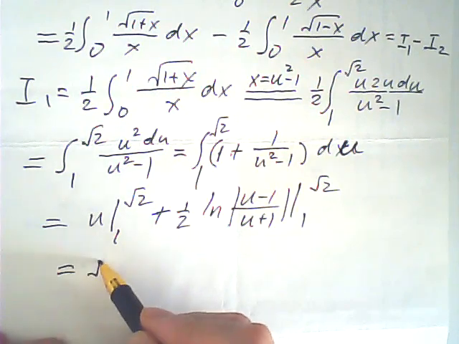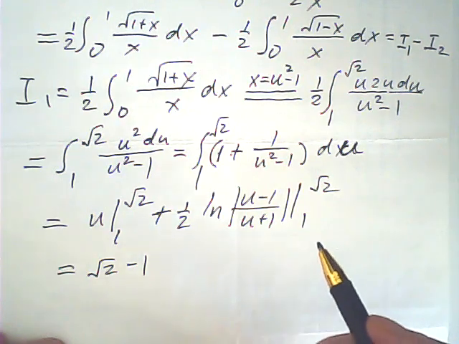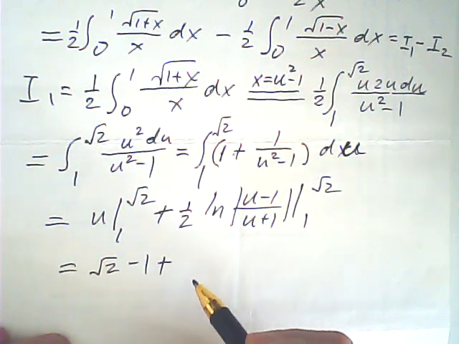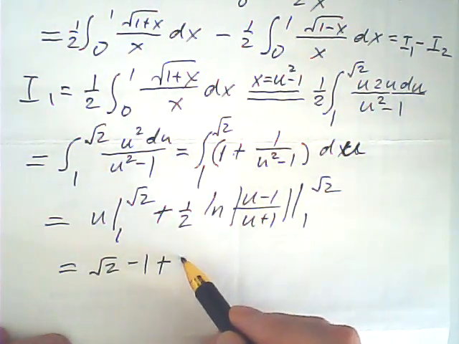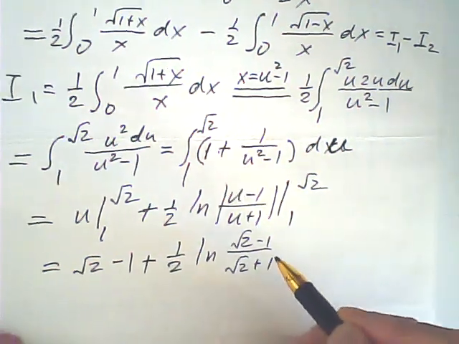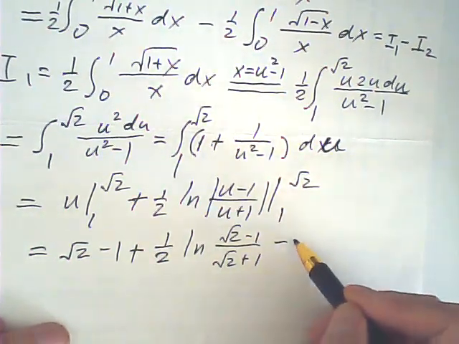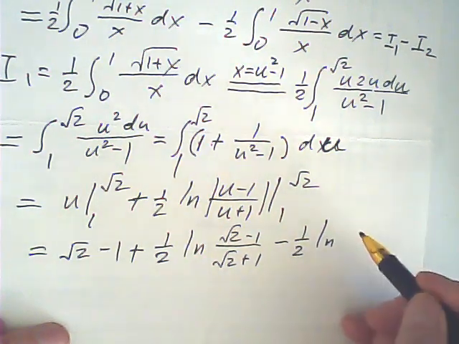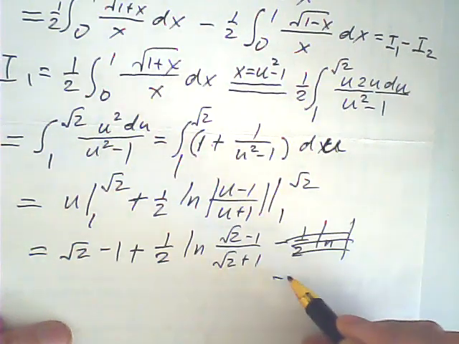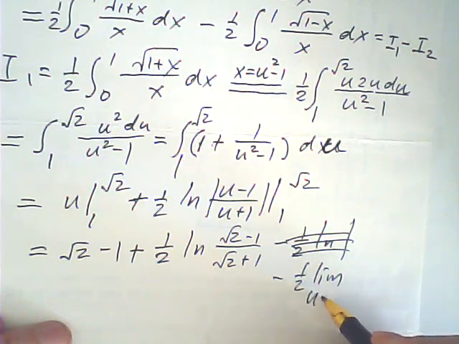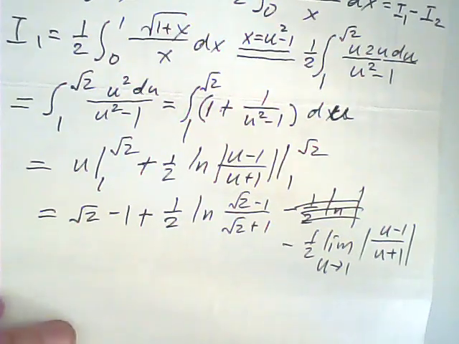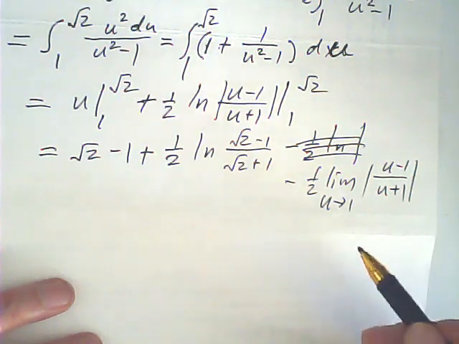So this one is equal to root 2 minus 1 plus 1 half natural log of root 2 minus 1 over root 2 plus 1, and minus 1 half natural log, well, this one you have to take a limit, right? 1 half the limit as u goes to 1 of u minus 1 over u plus 1. Okay, I hold it for a while.